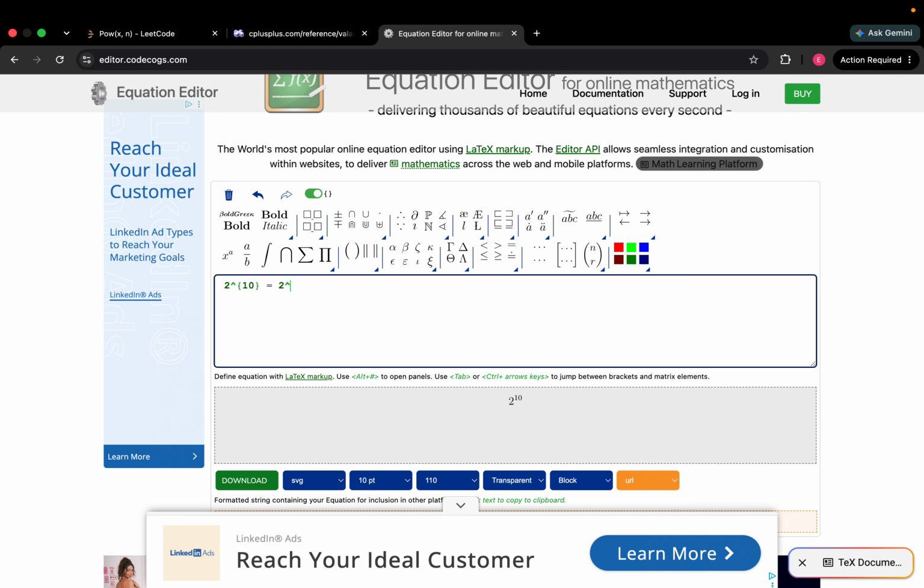Right, actually it's equal to times 2, times 2, 5.